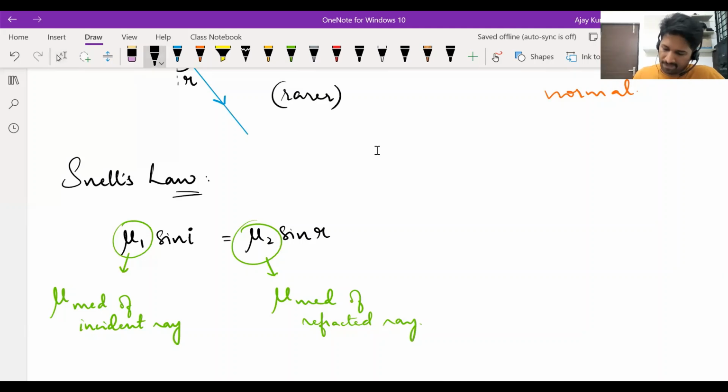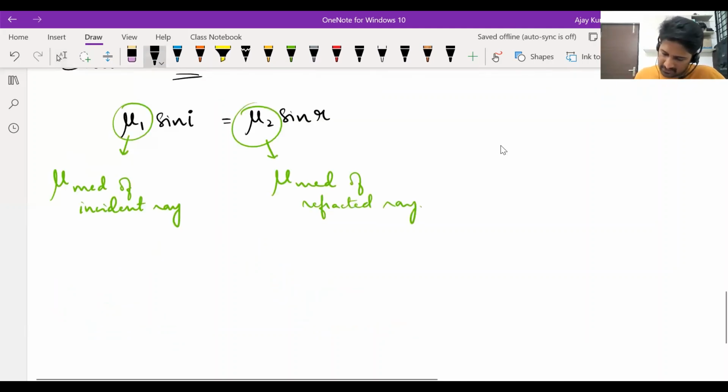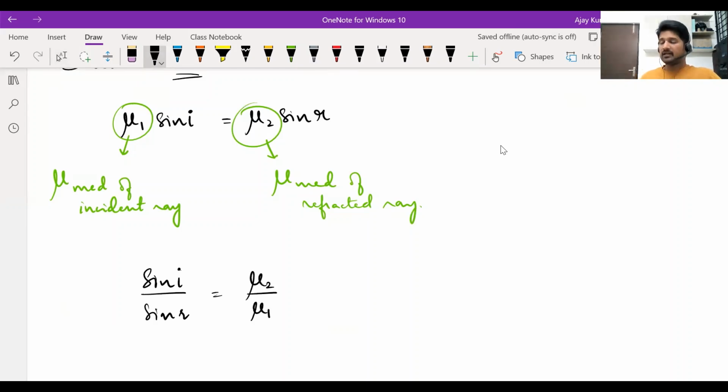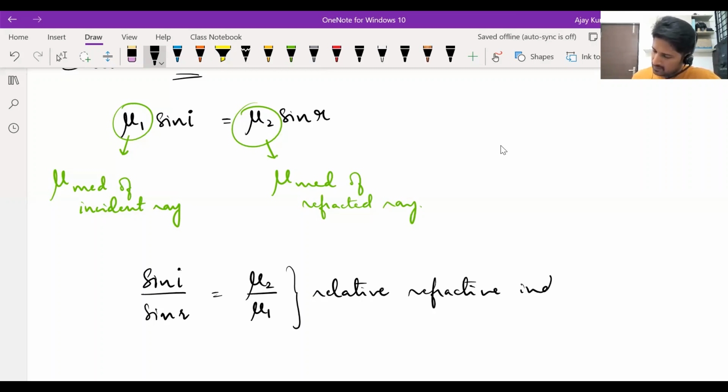Okay. We can also write it this way, sin I by sin R is equal to mu2 by mu1. Refractive index of second medium divided by refractive index of first medium. This is also called relative refractive index, the refractive index of one medium compared to another medium, and it is denoted by the symbol mu21.